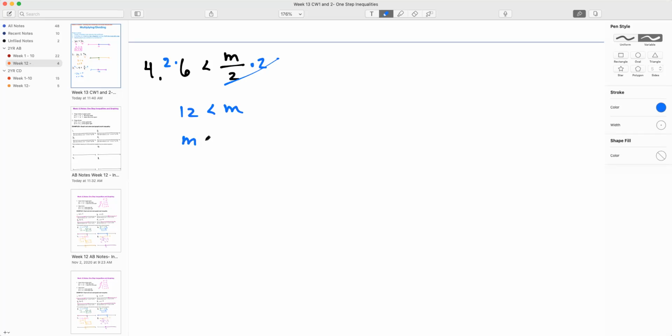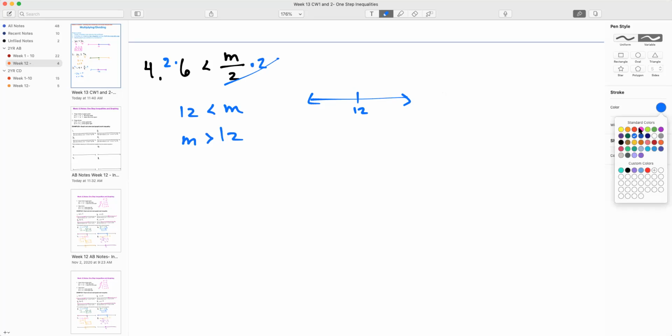And then we're going to write that on the left side, remembering to flip the sign. And once we draw it, we've got 12 right here. Since it is greater than and not equal to, we're going to keep our circle open at 12. And since m is greater than, we're going to draw this arrow to the right.